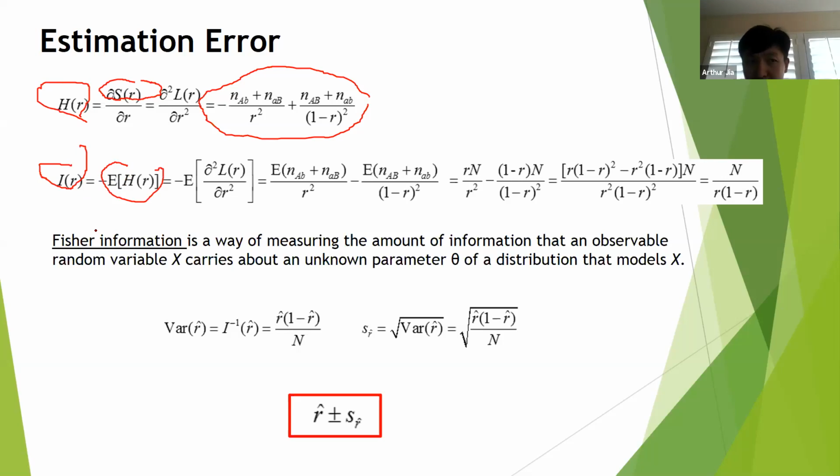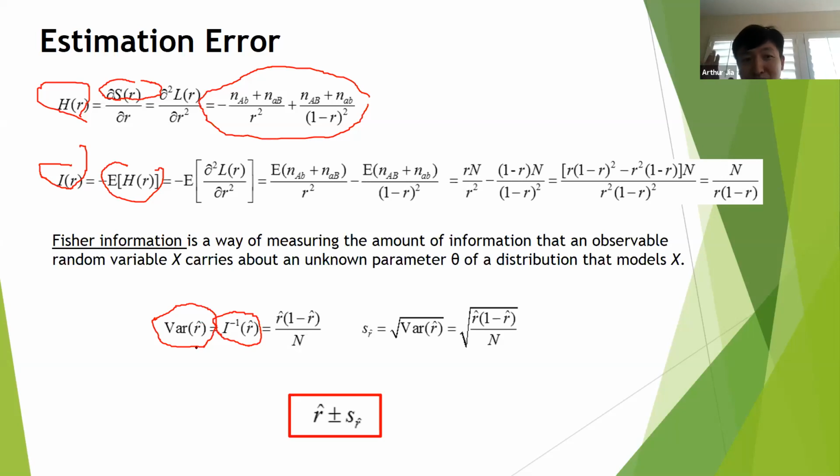This is important because Fisher information is a way for us to measure the amount of certainty about the parameter given the data. And if we look here, if we invert the Fisher information, this gives us the variance of the estimation of the parameter. At the first step, we already get the estimation for this R hat.